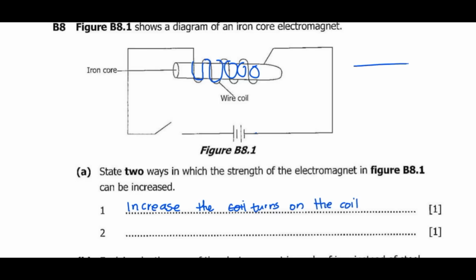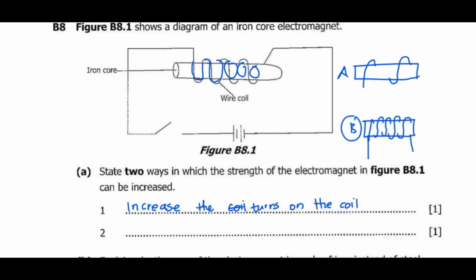So this means that if we have 2 setups, then if this is our A and this is our B, for the second one we can see it has a greater number of turns. So for B, the strength of the magnet will be greater than for A. So that is the point.